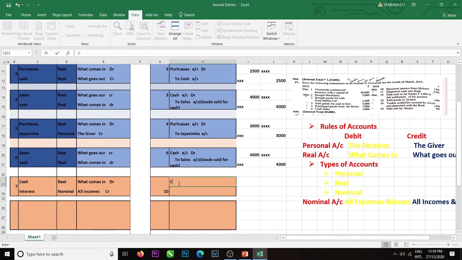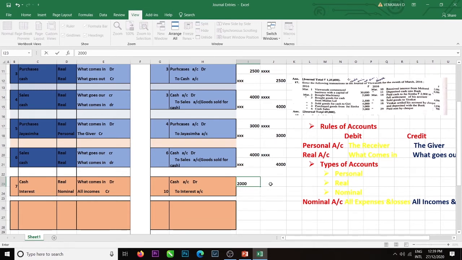Cash account debit, to interest account, amount is 2,000.